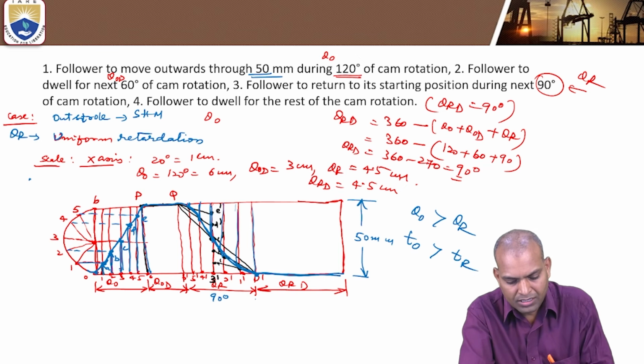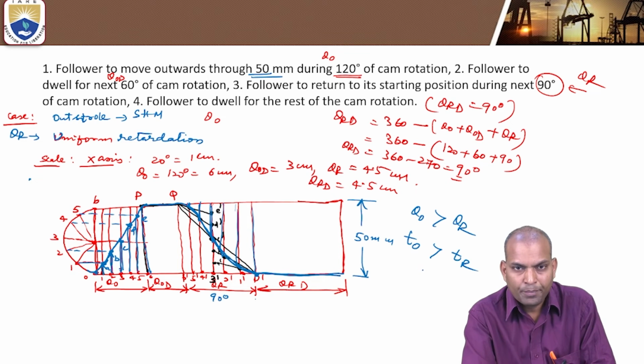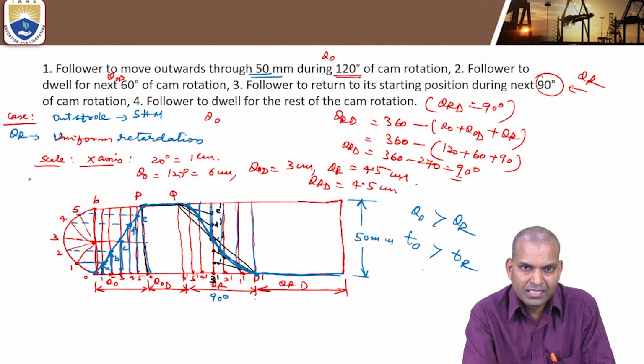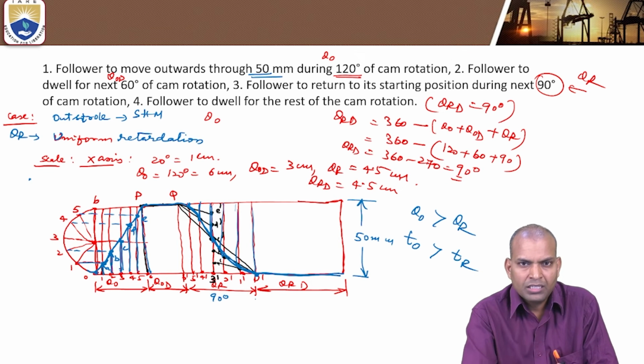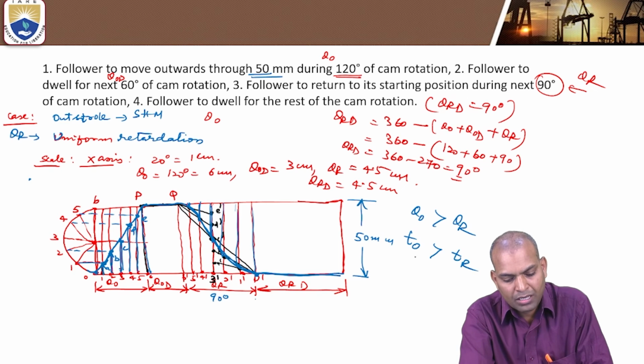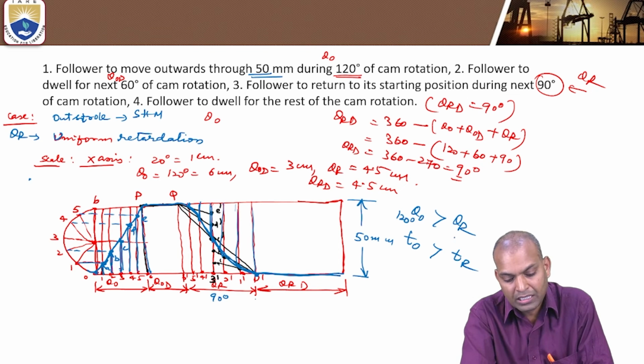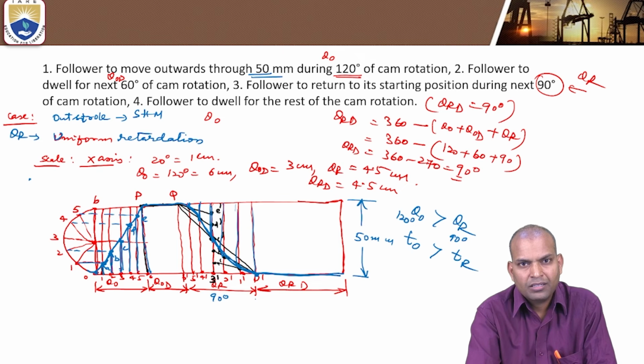Why? Because the time of cutting is more, because cutting takes place more. But here the ratio of time of outstroke to time of return stroke depends upon the angle of rotation. Here the outstroke angle theta O is 120 degrees, whereas the return stroke is 90 degrees.